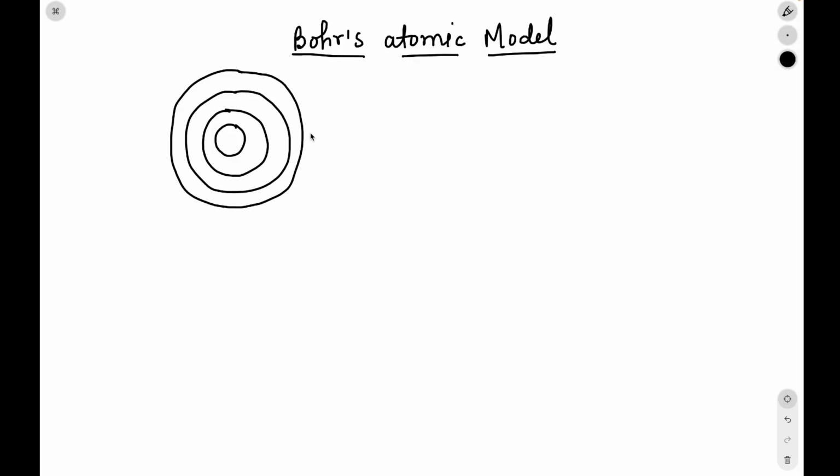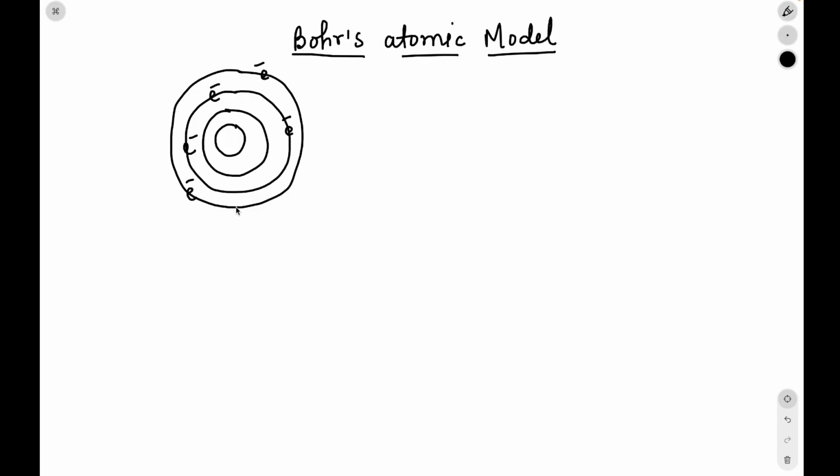These are the circular paths of an atom. So electrons are revolving in these circular paths or energy levels around the nucleus.